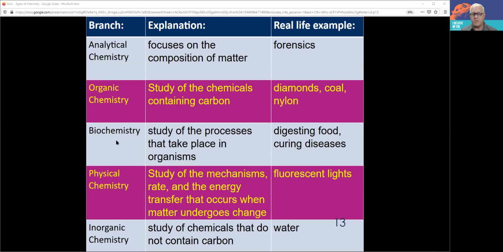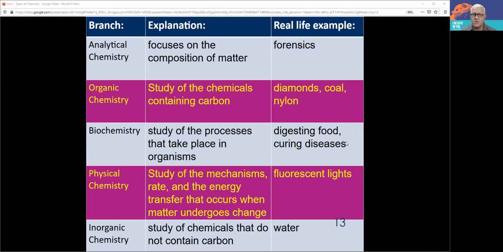Now, biochemistry is the study of the processes that take place in organisms. And you all studied biology, and so there's a lot of processes that go on in organisms. And a real-life example is something as simple for you, but complex chemistry-wise, digesting food.